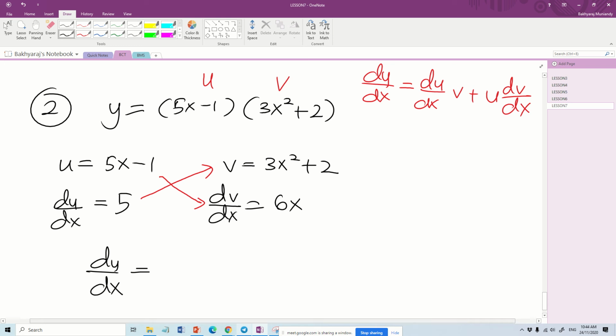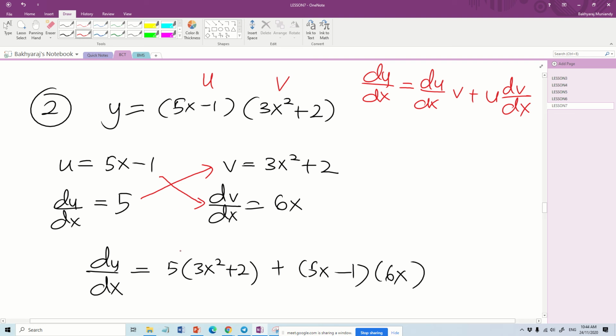So you get what? You get 5 times 3x squared plus 2 plus 5x minus 1 times 6x. Okay, so kita kali dia.